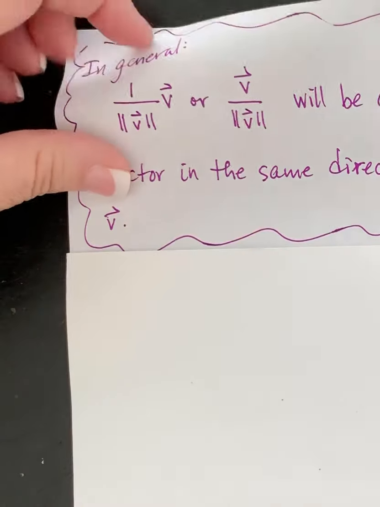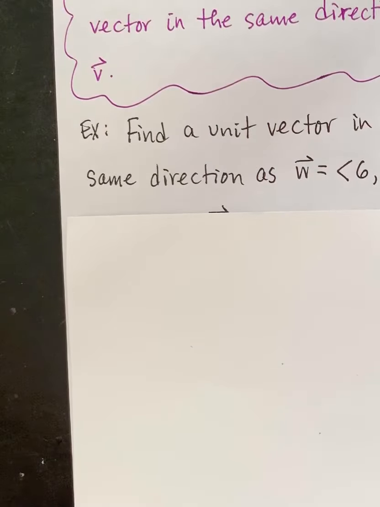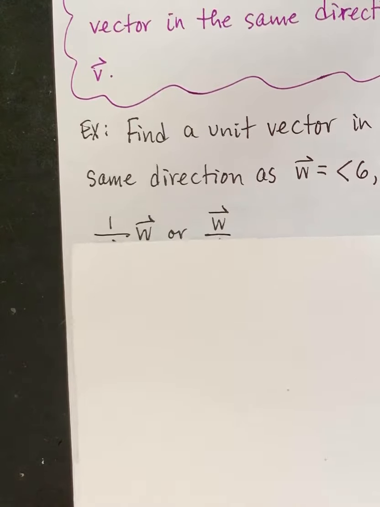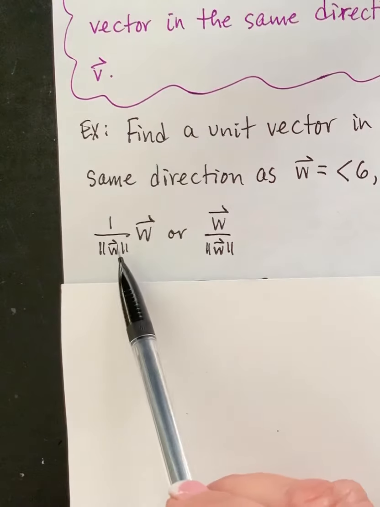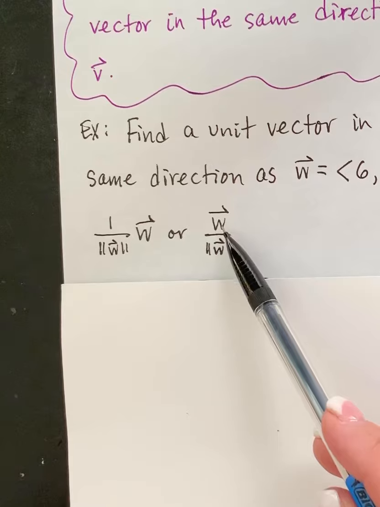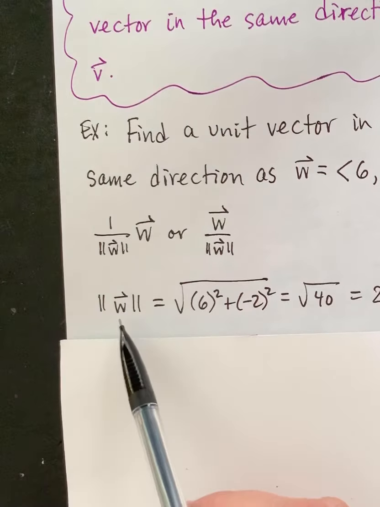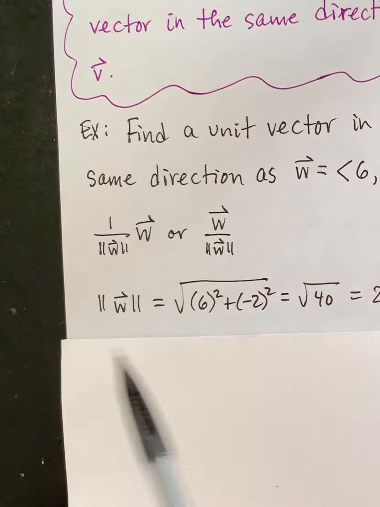Here's one of these problems, just worked a shorter way. Find a unit vector in the same direction as w, which is 6, -2. We're going to multiply by 1 over the magnitude of w, or just think of it as the vector divided by its magnitude. The magnitude of w, you have to figure that out first.